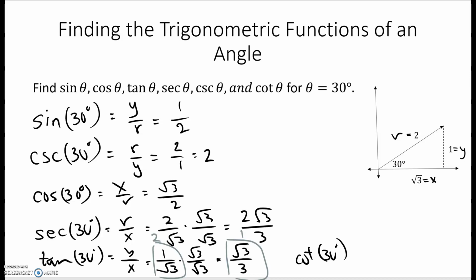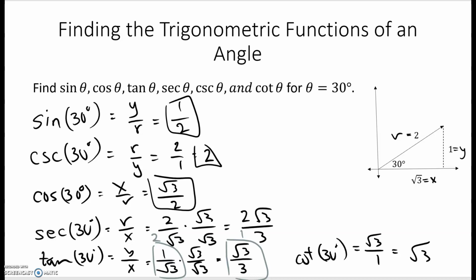If I flip number 1, it's going to send that radical to the bottom, and then I have to rationalize again. But if I flip number 2, it's going to send that radical to the top, and then I kind of avoid rationalizing. So I'm going to flip number 2. So that's going to give me square root of 3 over 1, which is the square root of 3. And then there's your answers for each of those trig functions.